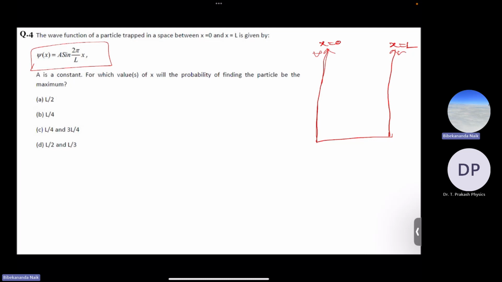So the particle is present here only, and here V(x) is 0 and the wave function is given by psi(x) equals A sin 2 pi by L into x.